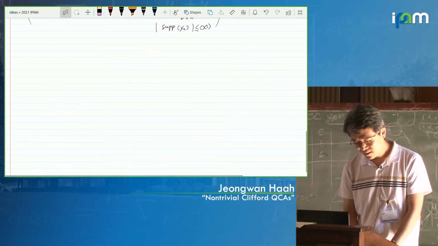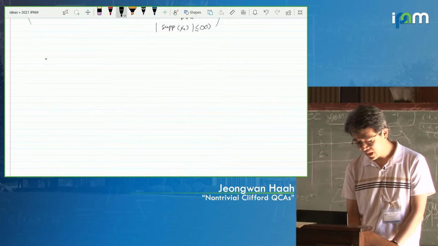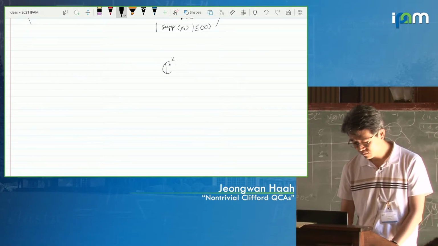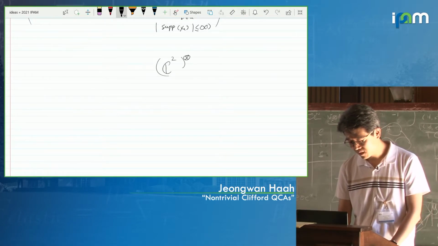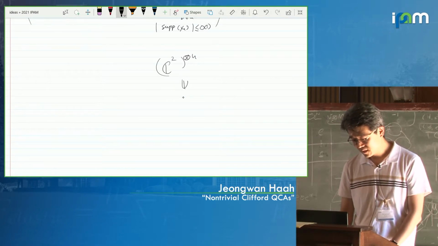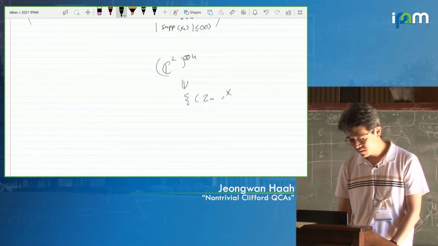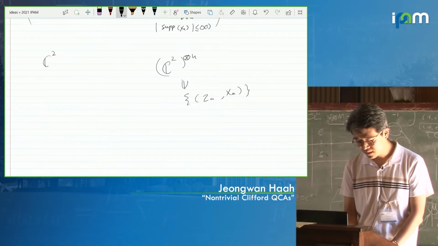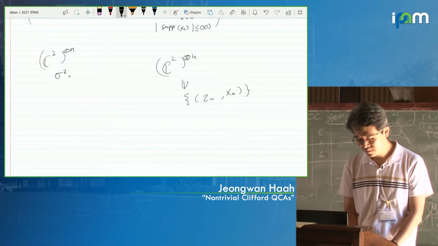Okay, so suppose I have some n qubits, and I had a locally flippable separator, which I will denote by the pair. And I have the same system, but with the usual Pauli Z and Pauli X pairs.